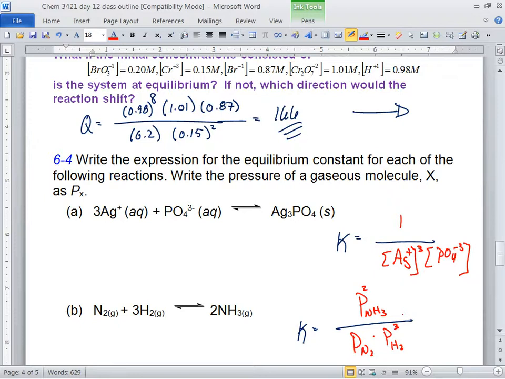If you've never heard of a bar, what is it? I think there are 1.01325 atmospheres in a bar.